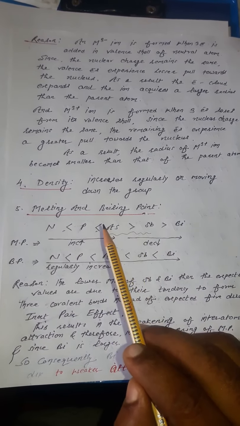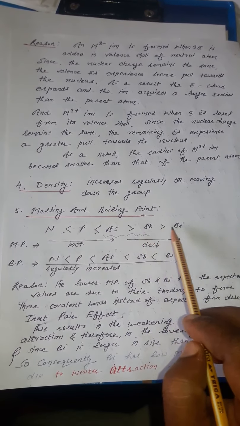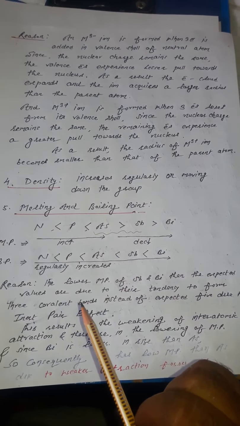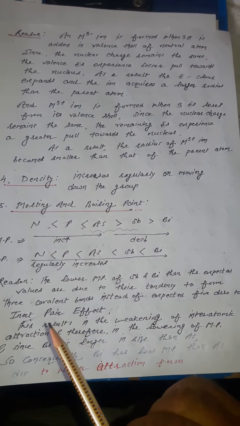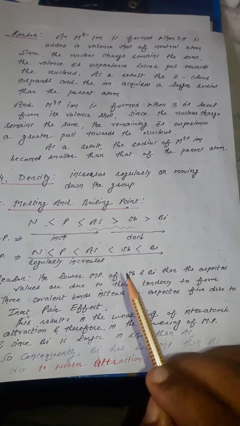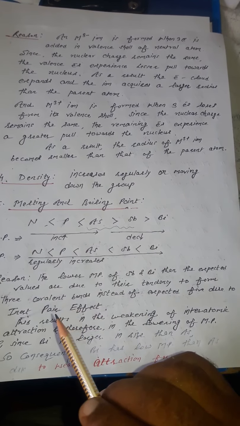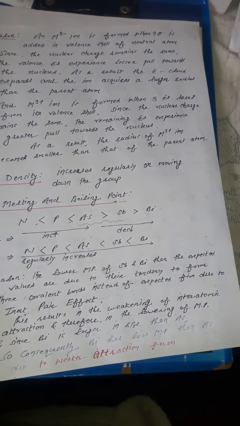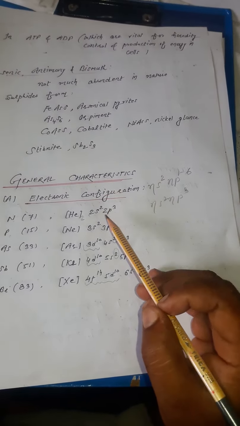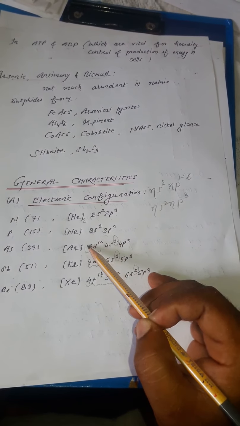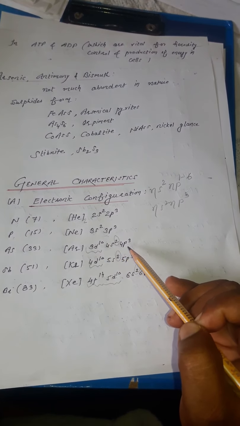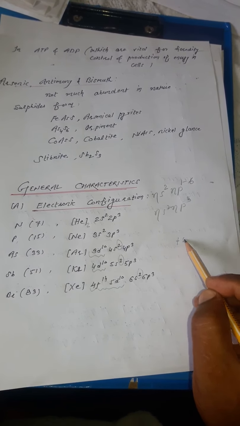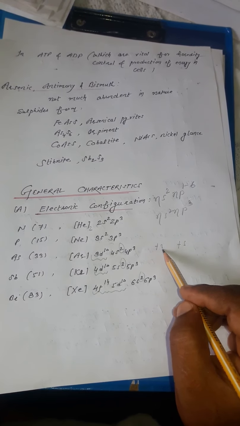The lower melting point of antimony and bismuth than arsenic, than the expected value, is due to their tendency to form 3 covalent bonds instead of the expected 5 due to inert pair effect. So in the electronic configuration I told you, when you go down the group the inert pair effect will increase and the tendency to form the plus 5 oxidation state is less, but plus 3 is more.